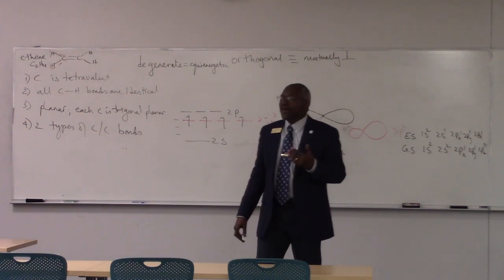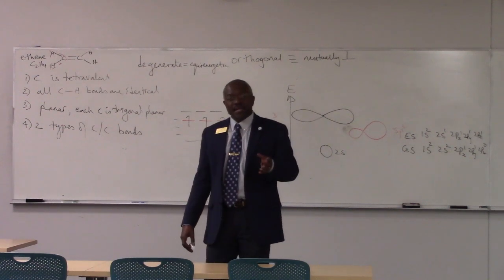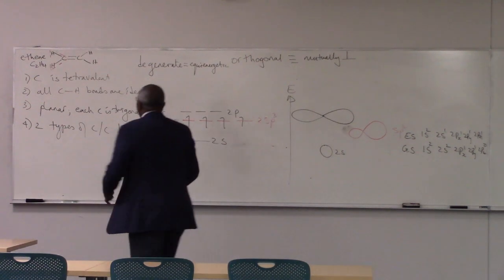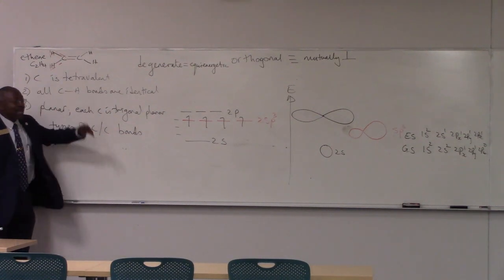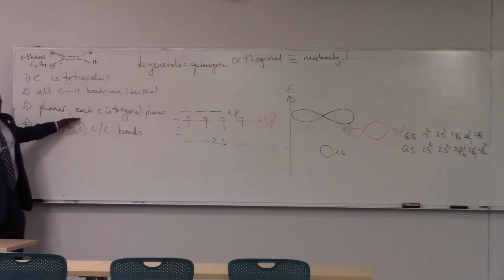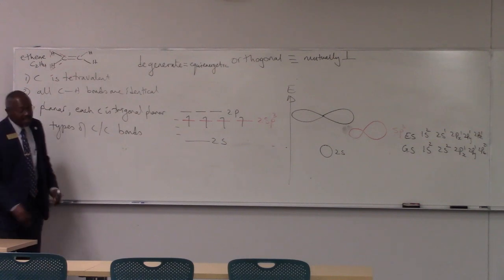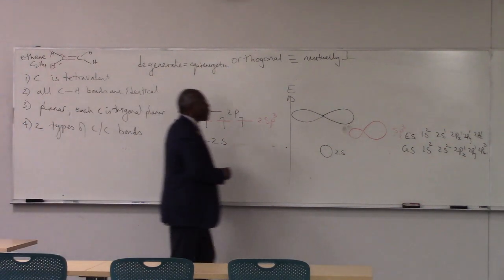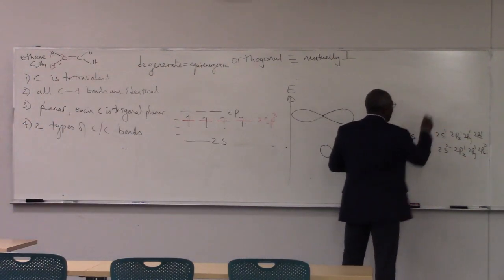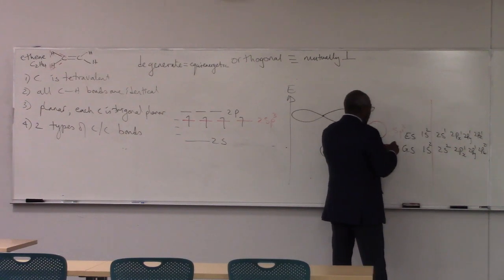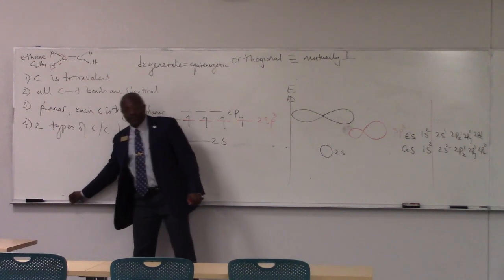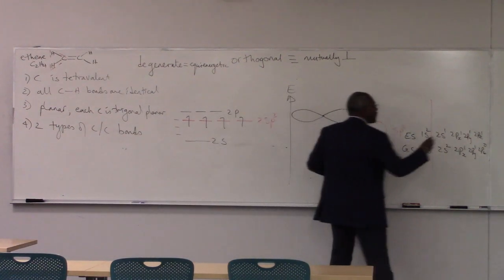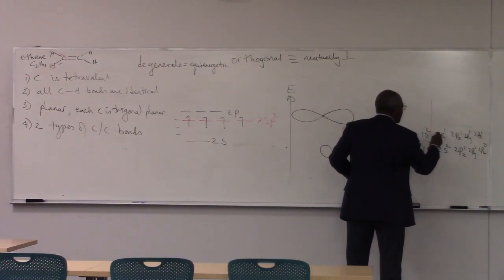The problem is, if I try to do sp3 hybridization, I'm going to end up with tetrahedral structures. There's no way to get a planar system with sp3 hybridization. So instead, we're going to hybridize the lone s, and again we're going to ignore these. We're going to hybridize the s with two of the p's.